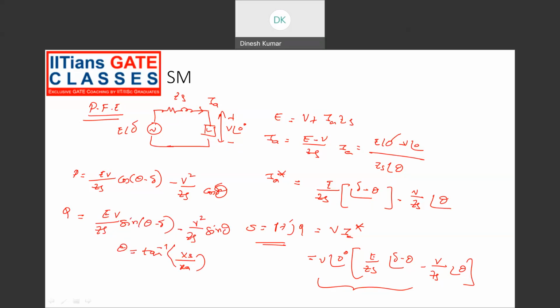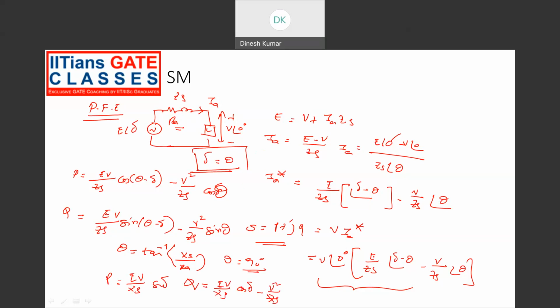So if theta equals 90 degrees, which means there is only the reactance present, sorry, armature resistance is absent, only the reactance is present, then we can write P equal to EV by XS sin delta and Q equal to EV by XS cos delta minus V square by XS. The condition to get maximum power in this case is delta equal to 90 degrees.